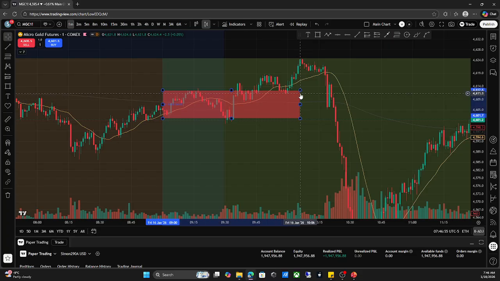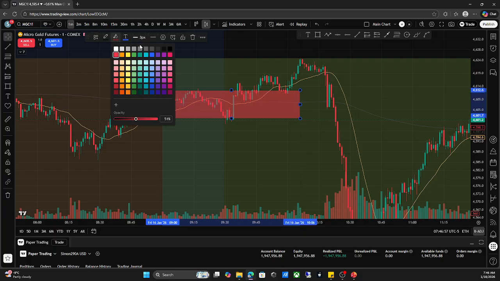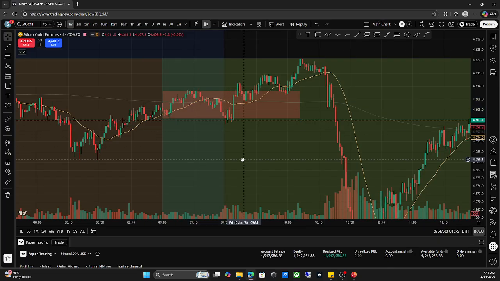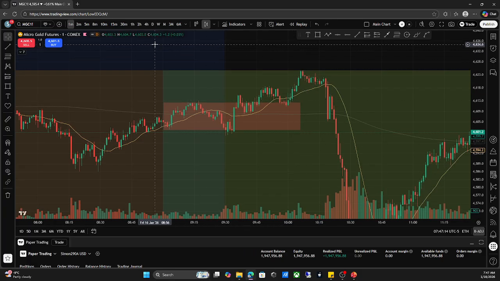It came back and retested the opening range, and then with the color change to the upside, you can enter here.